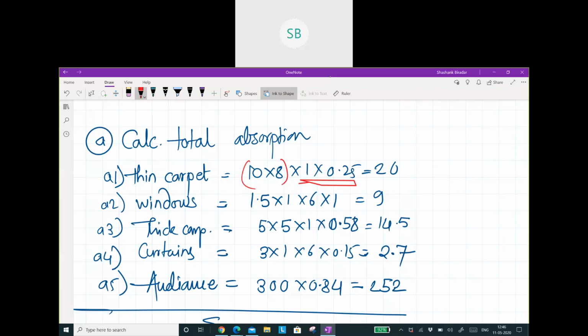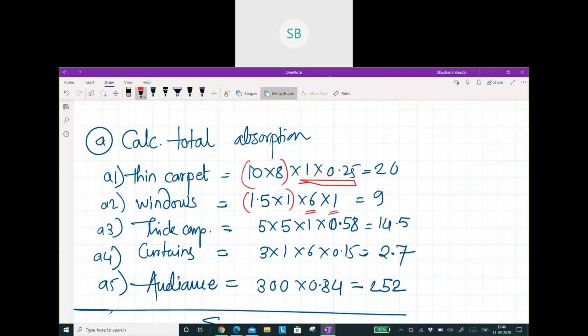Same is the case for windows. Look here, the dimension of windows is 1.5 meter multiplied by 1 meter. What was the count? 6. And the absorption coefficient was only 1. So 1.5 multiplied by 6 is 9.